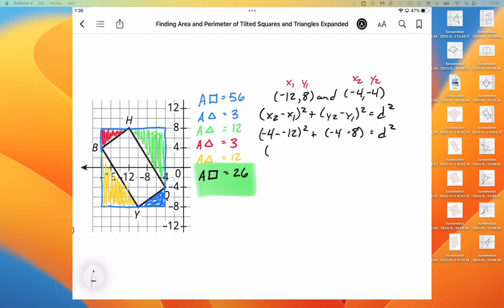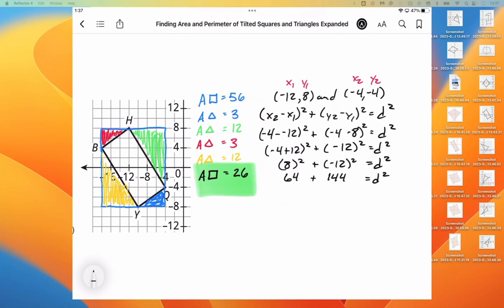So we're going to rewrite this as negative 4 plus 12 squared. Negative 12 squared. Negative 4 plus 12 is 8. And so we get 64 plus 144 equals d squared.